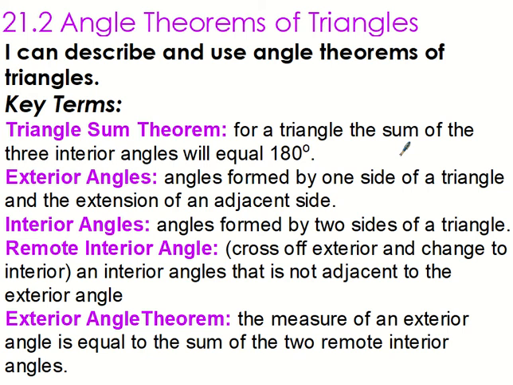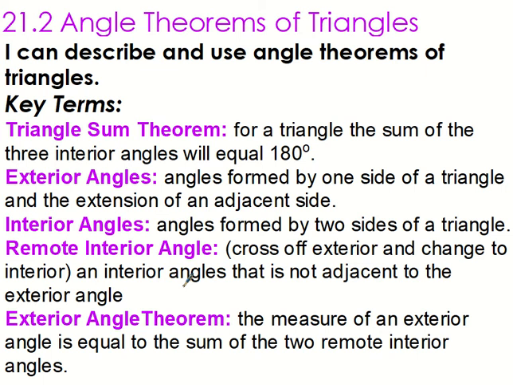So then we have what's called a remote interior angle. I accidentally wrote exterior angle, and so you need to cross off the word exterior and change it to interior. Okay, this part you just need to do, not write down. So an interior angle that is not adjacent, so not next to, an exterior angle.